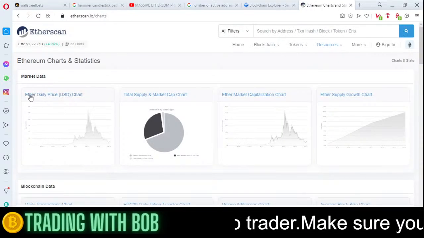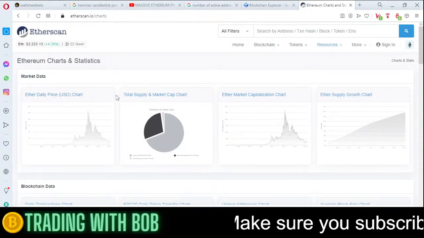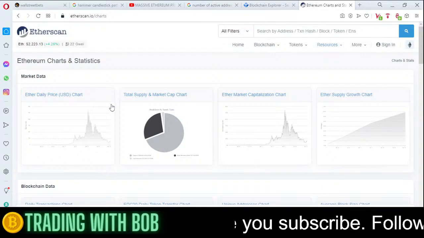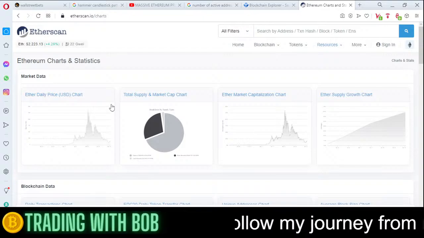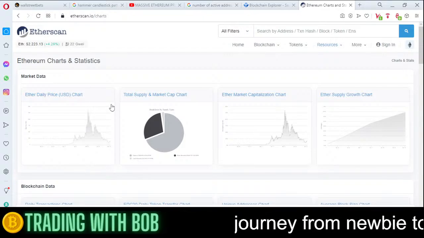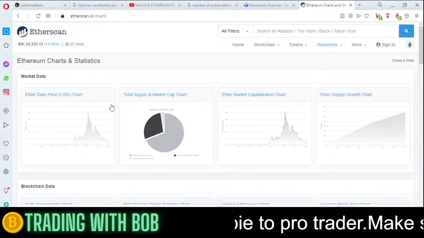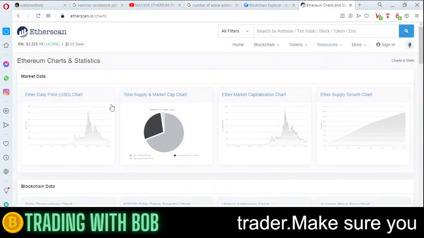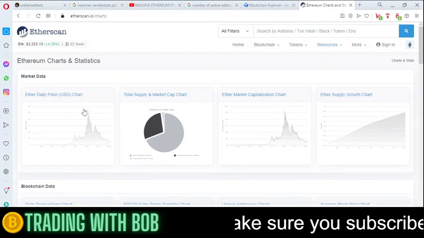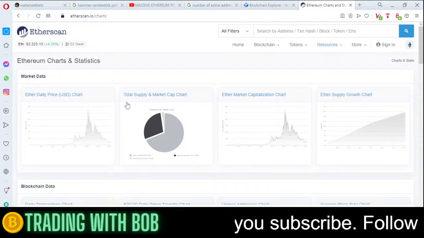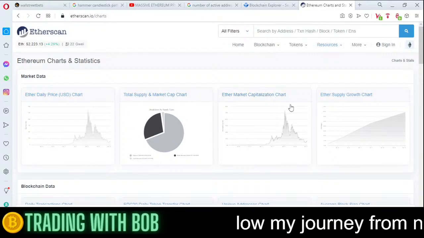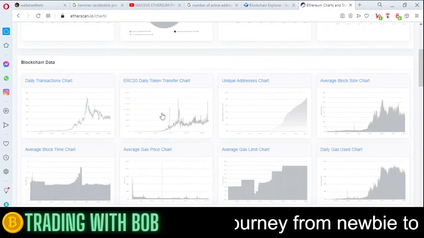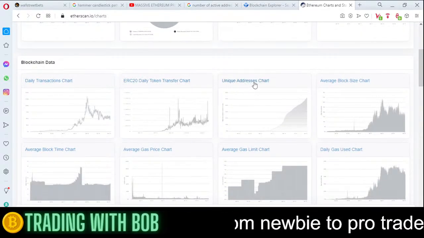Okay. Ether daily price USD. Ether daily price USD chart. Okay, total supply and market cap. Market capitalization chart. I need to find the unique. Okay, unique. There we go.